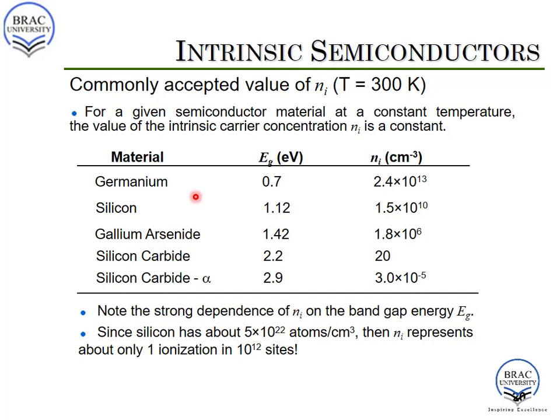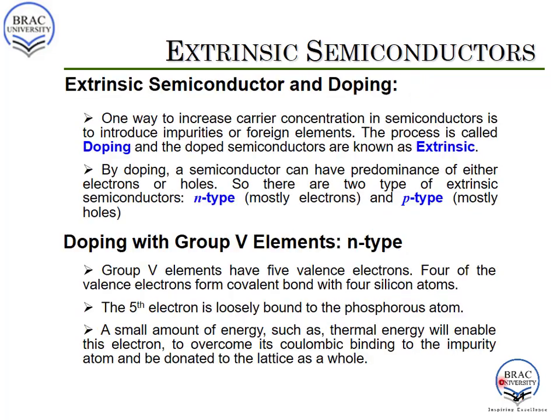So with equal energy, as the band gap for germanium is lower, we can carry more electrons from valence band to conduction band compared to silicon. The trend follows. As the band gap is increased in gallium arsenide and silicon carbide, intrinsic carrier concentration Ni also decreases.